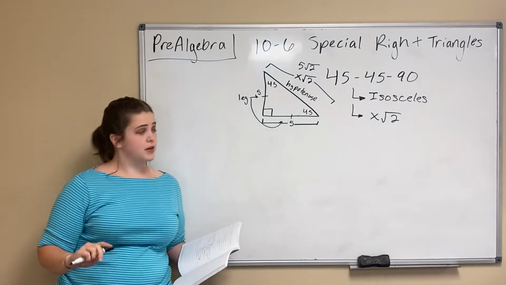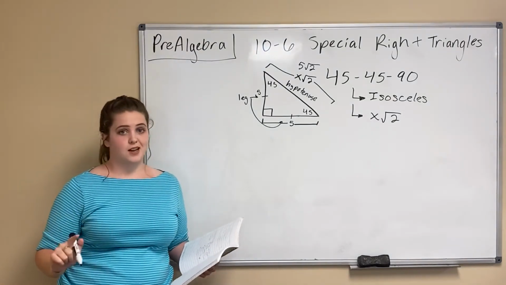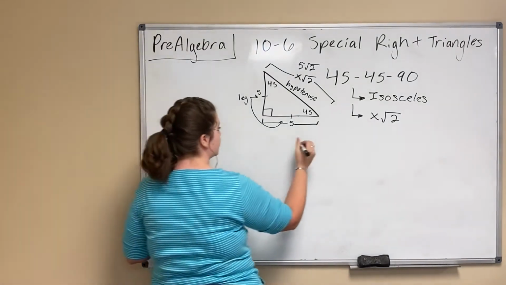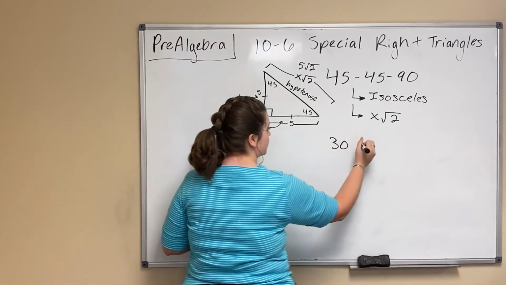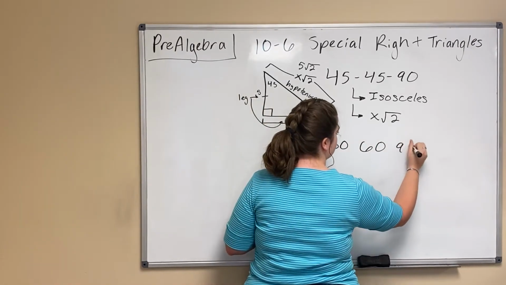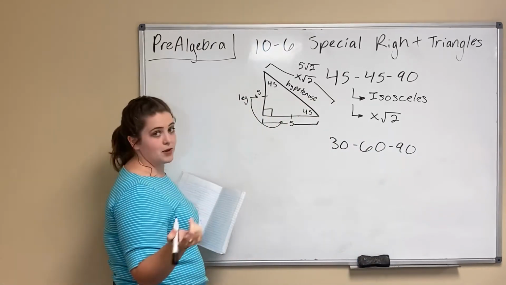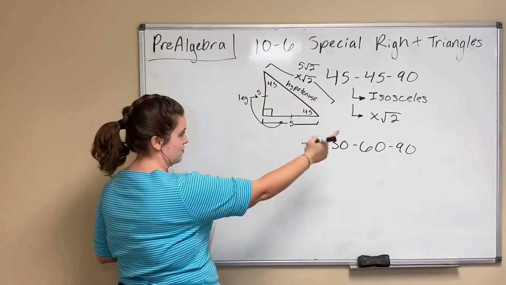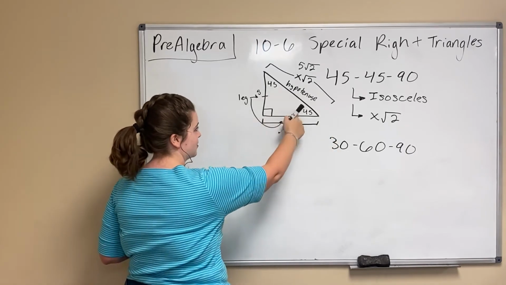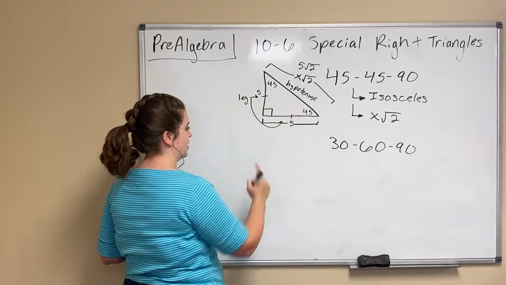The other kind of special right triangle we're going to talk about today is a 30, 60, 90 triangle. Now, you might be able to guess what that means, since a 45, 45, 90 triangle has two 45 degree angles and one 90 degree.